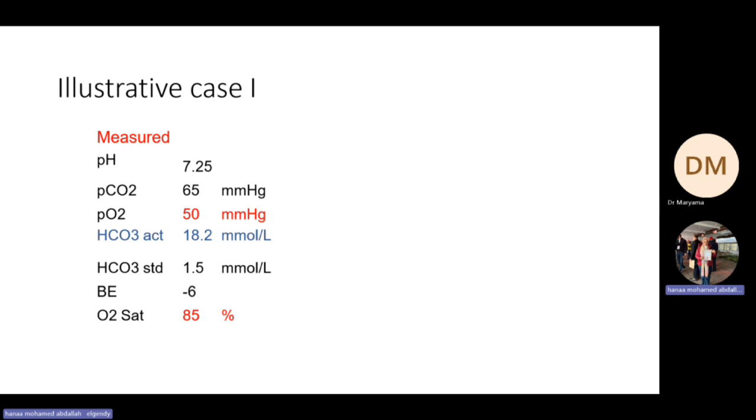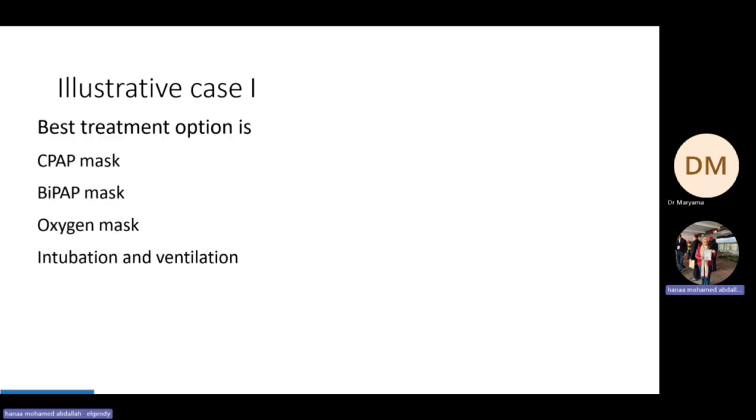The ABG showed that PO2 is 50, PCO2 is 65, and saturation is 85%. What is the best treatment for this patient, what do you think?